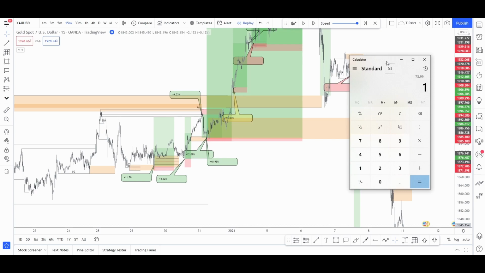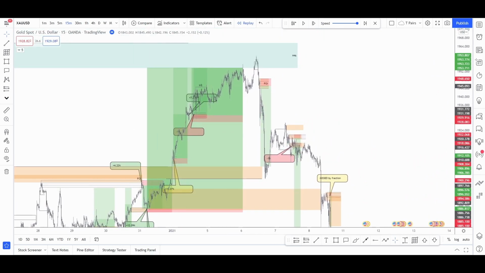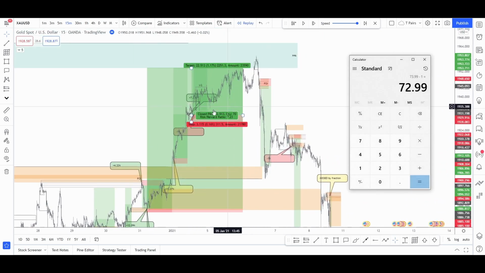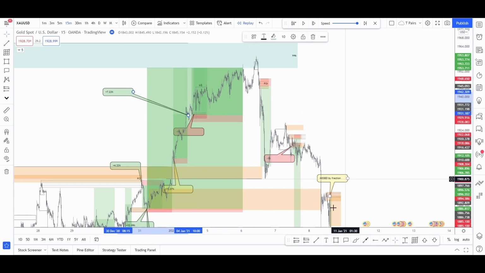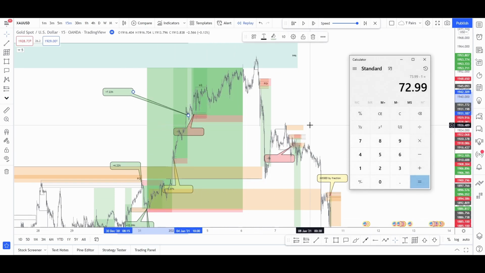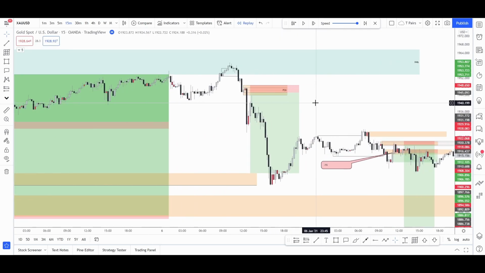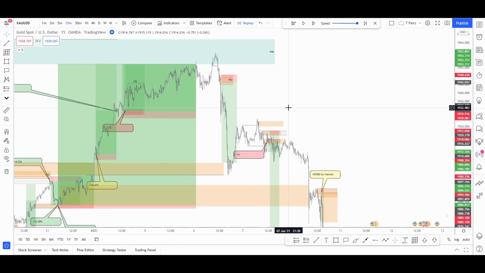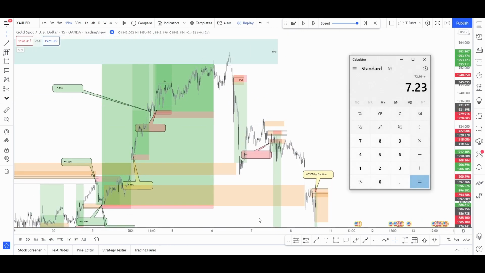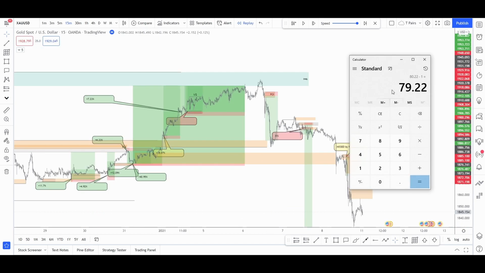And then -1 because we got a loss, and plus 7.23. Oh, did we get tapped in? No, we missed it. -1. That is insane for 2 weeks of trading.